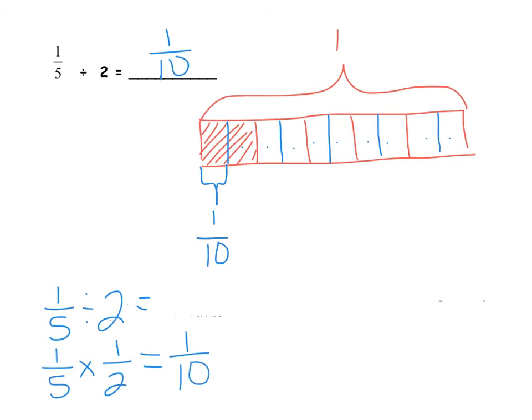It's also taking the inverse of 2. So the inverse of 2 is 1/2, meaning the 2 becomes the denominator. And what was in the denominator becomes the numerator, which was that invisible 1. So 1/5 divided by 2 is equivalent to 1/5 times 1/2, which is equal to 1/10. Make sure you showed all your work.